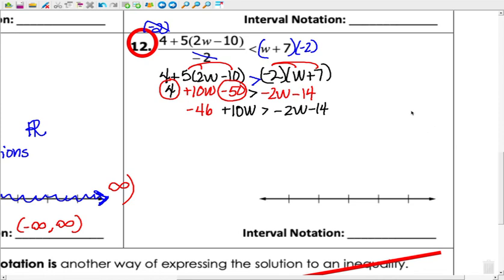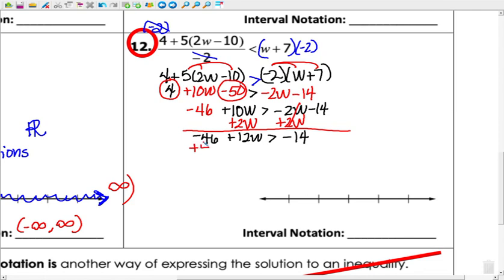I want my numbers on one side, my variables on the other. I'm going to add my 2w to bring it over here. Bring down my -46. This will be plus 12w. Bring this down. Bring down my -14.